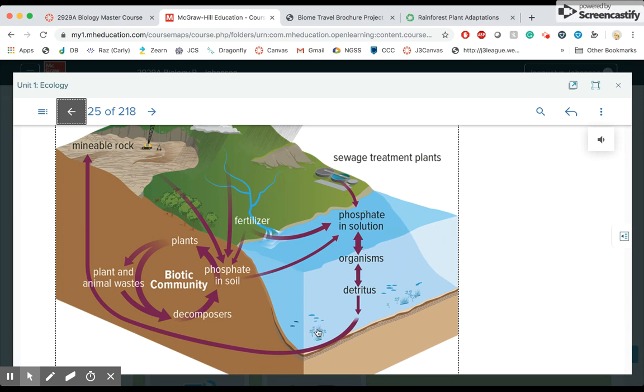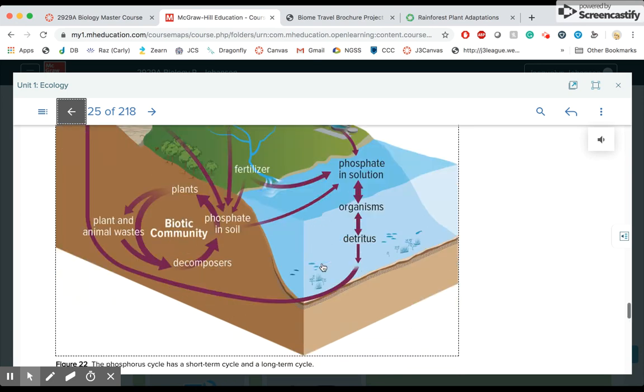The long pathway doesn't have very many living parts besides organisms here. Most of it is non-living, whereas in the short term cycle, you have some living and non-living things. You have the plants and the producers, but you also have some non-living parts like the soil.